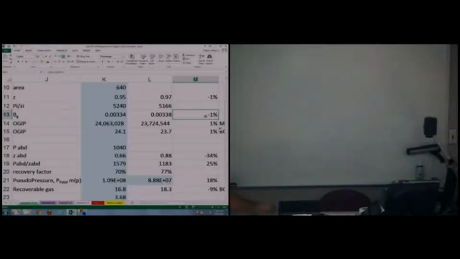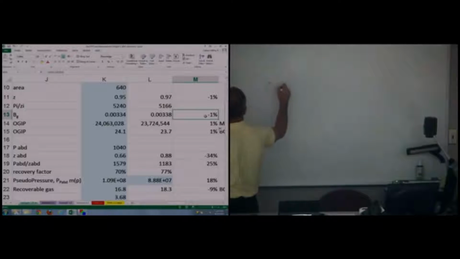And what I'm sometimes interested in doing is rapidly getting a couple of points on a P over Z cume plot, where this is original gas in place. I didn't know I was going to use the board so much, so I wrote my own markers.